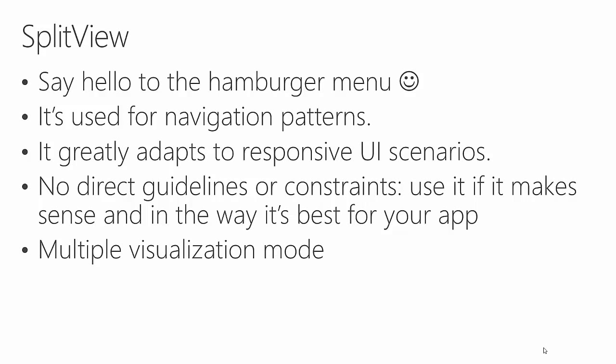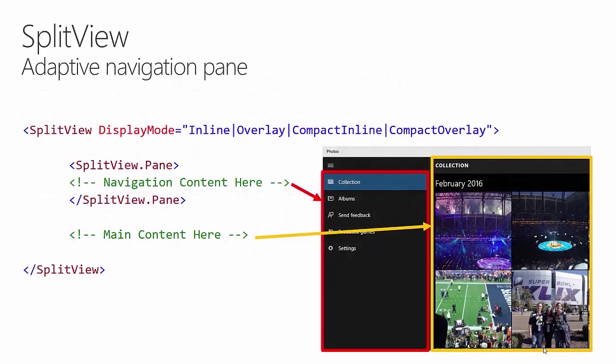And you can implement it in the way you want, because as you can see in this slide, what the split view does is simply providing you a pane property which contains the content of the pane. So in this property you can add your custom XAML to define the content you want to display in the panel, and then you place the main content of the page.